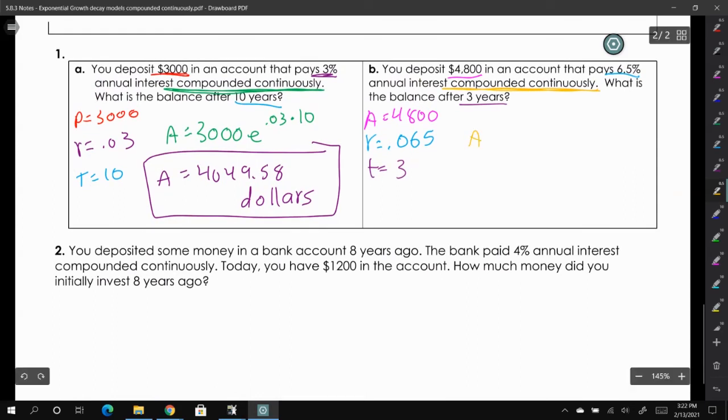So this should not be A, that should be P. So A is equal to 4,800 times E raised to the 0.065 times 3 power.